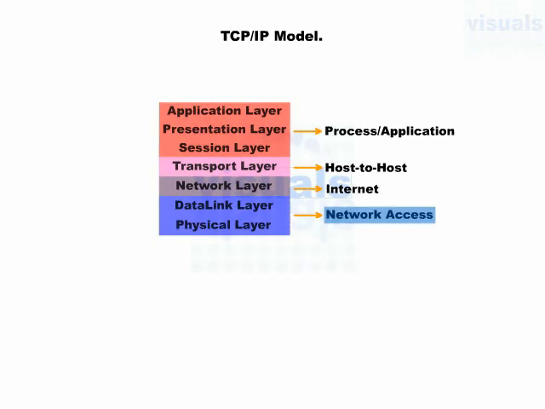This layer is known as the network access layer of the TCP/IP model. Now you just memorize the names of the layers of the TCP/IP model. If you have gone through our previous visuals, then you'll feel no problem understanding the function of these layers.